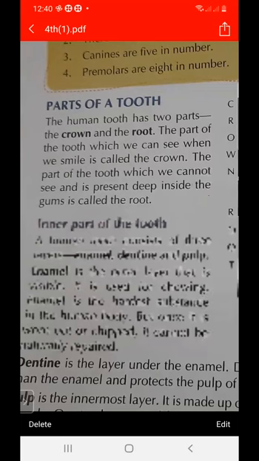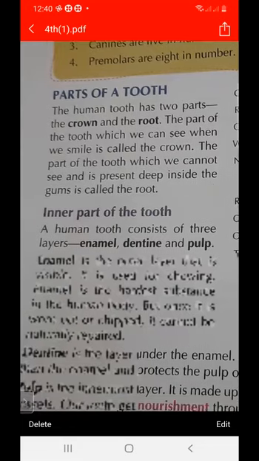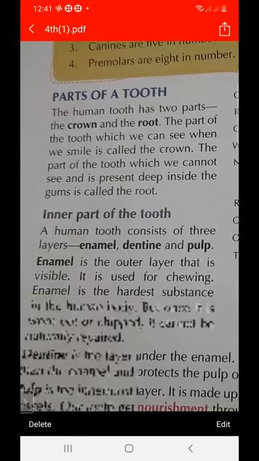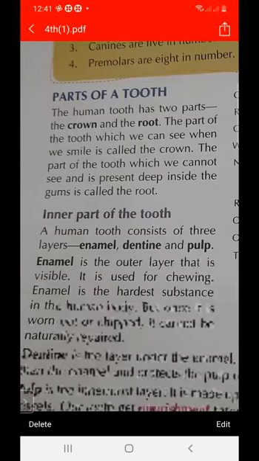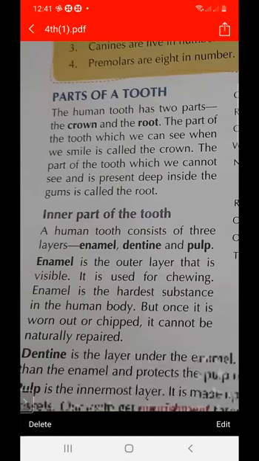The part of the tooth which we can see when we smile is called the crown. And the part of the tooth which we cannot see and which is present deep inside the gum is called root.